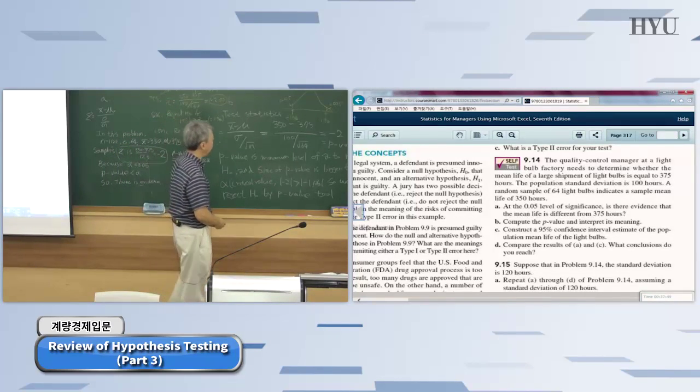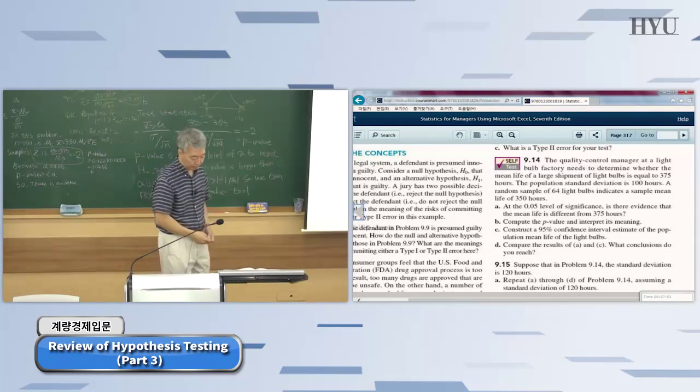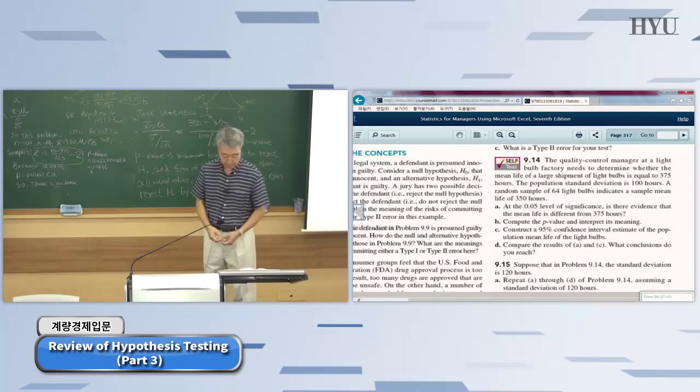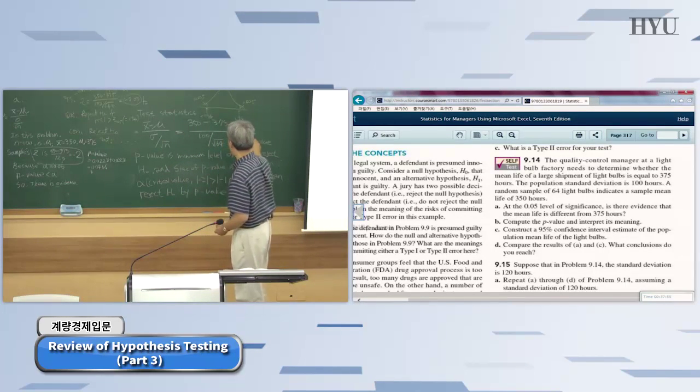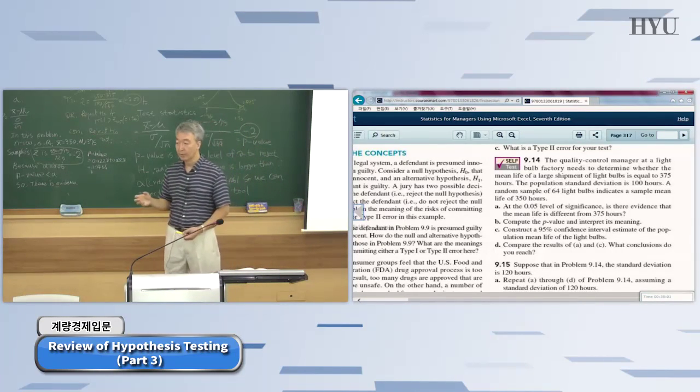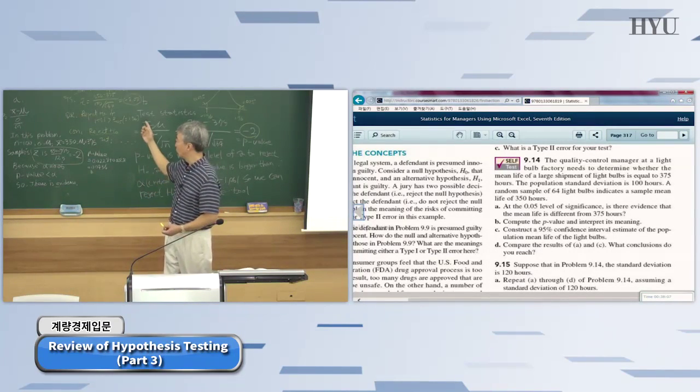What about B? B asks for the p-value. So you calculate the test statistic, which came out to be negative 2, and the p-value is what? The area outside the test statistic on either way. We're running the two-tailed test here.